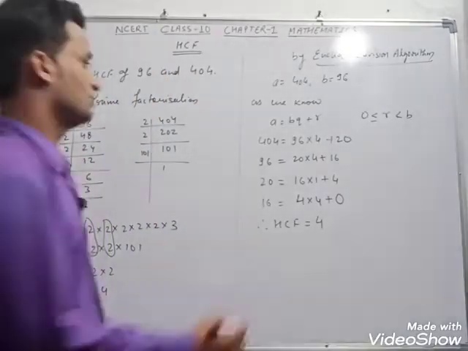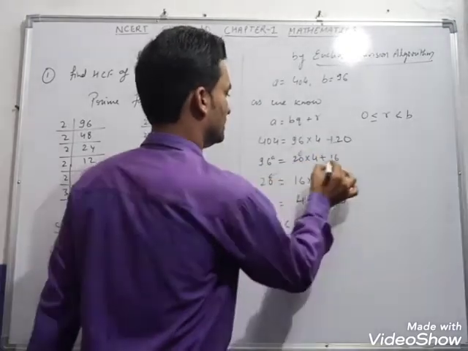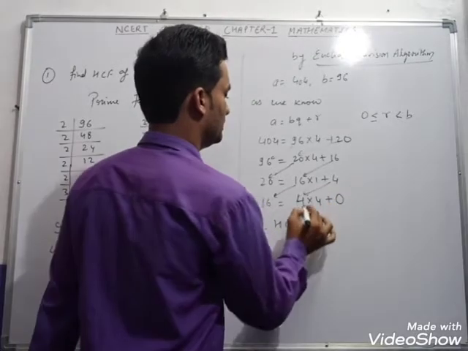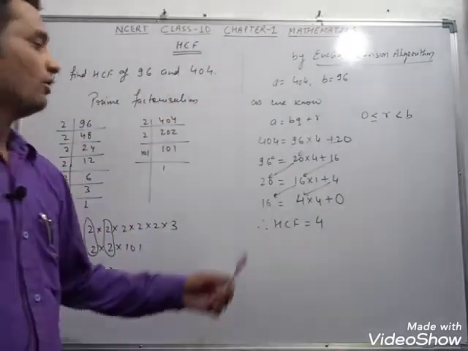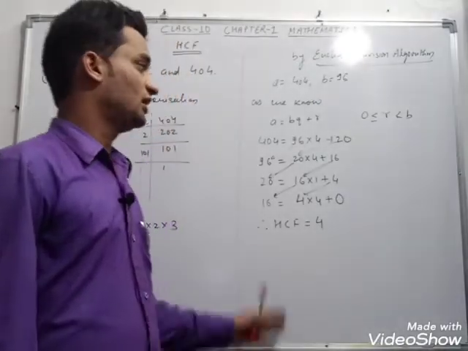So likewise you can solve, this will move to here and this will be here, then again this will be here, and this will be here. So this is the way of finding the HCF by using Euclid division algorithm.